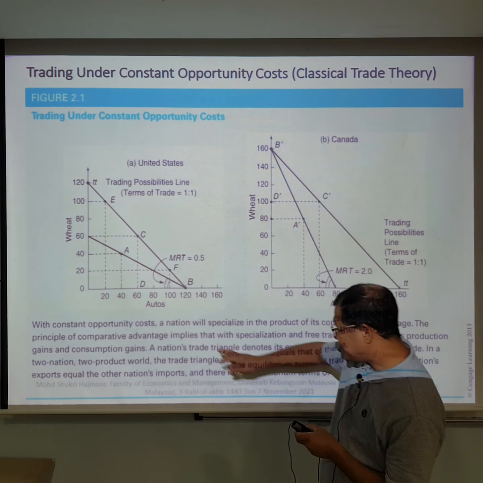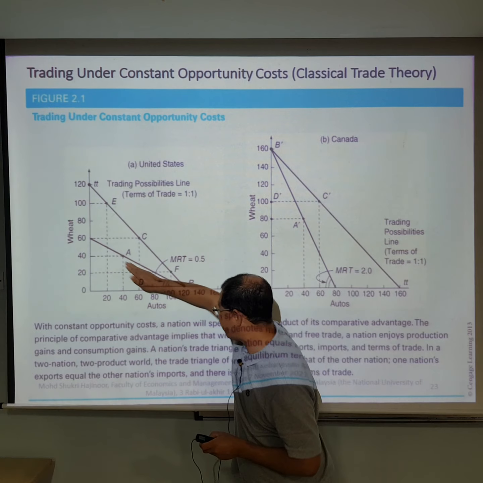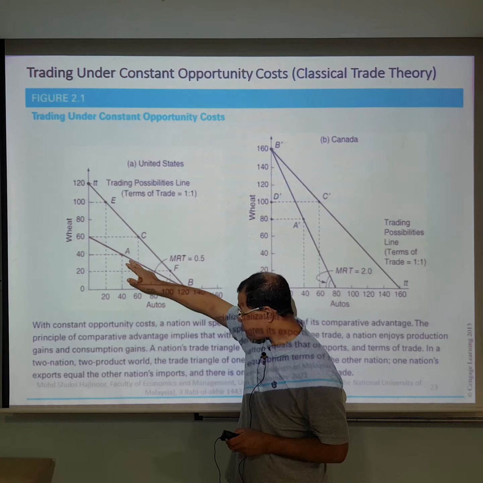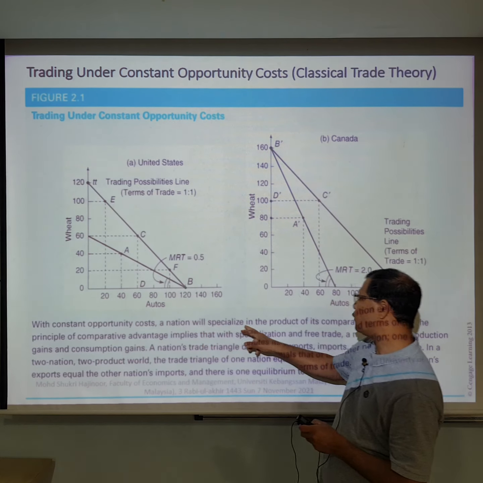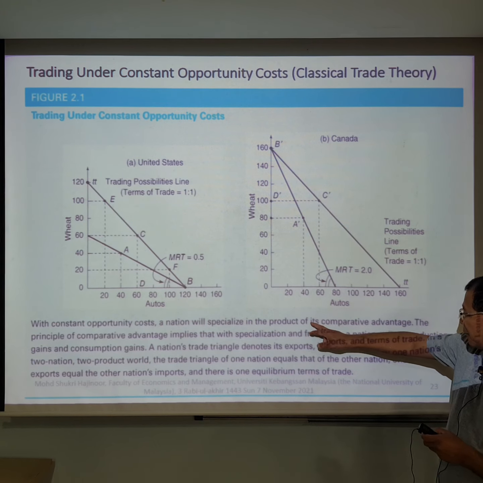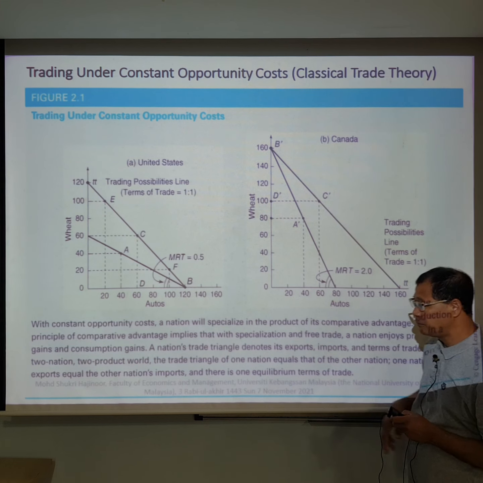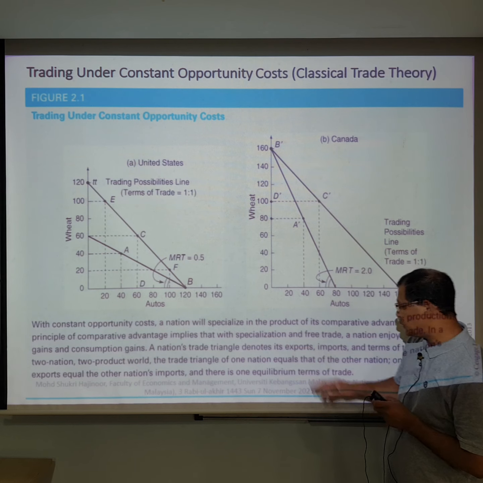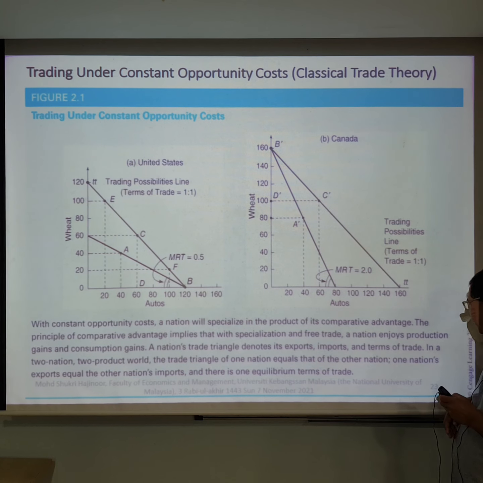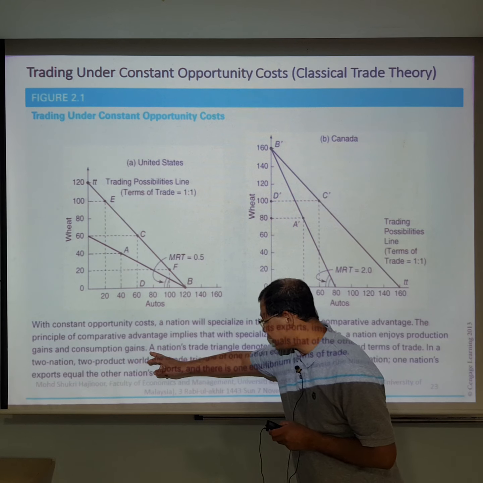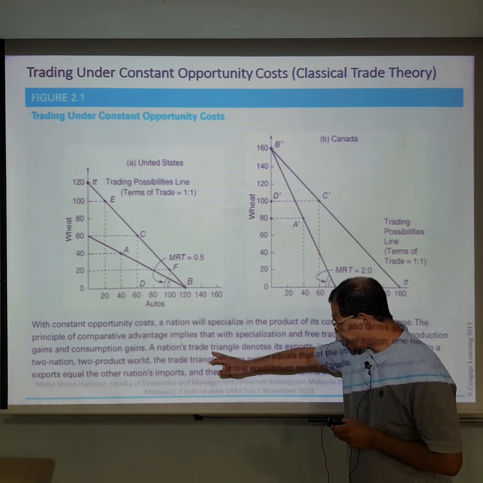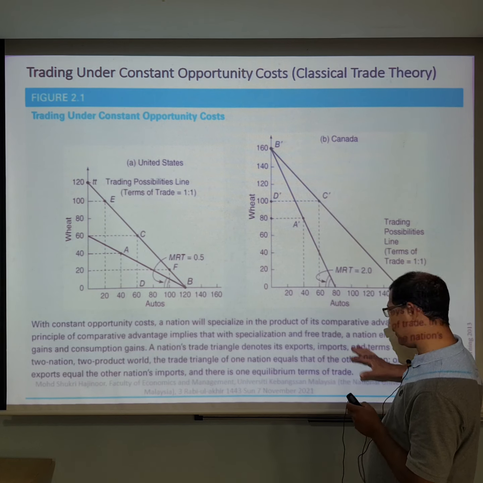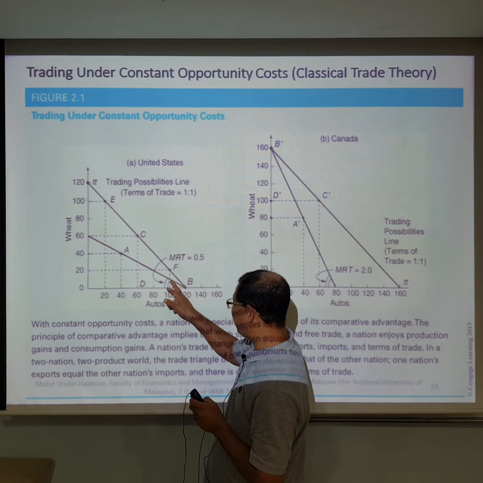So with constant opportunity cost, because it is a straight line and the slope is constant, a nation will specialize in the product of its comparative advantage. The principle of comparative advantage implies that with specialization and free trade, a nation enjoys production gains and consumption gains. A nation's trade triangle denotes this, and I'm going to show you later on. This is going far already, so let's discuss first.